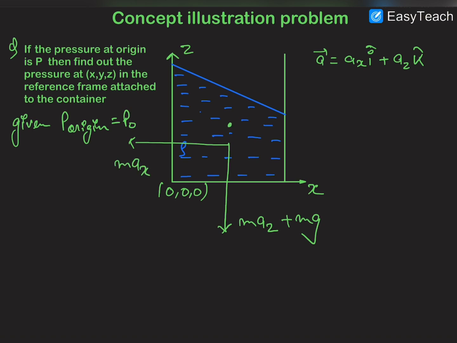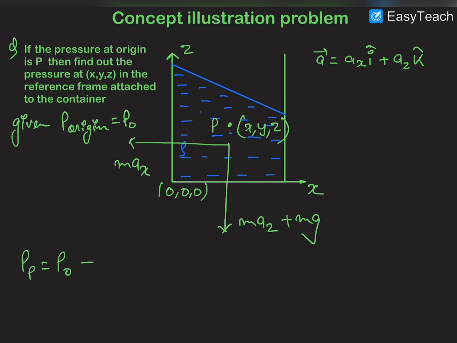So if there is a point, let's suppose P is a point which is having coordinates of x comma y comma z, then we can say that the pressure at P will be equal to P naught, which is the pressure at origin. And now when we are moving from origin to P, then we are moving in the opposite direction of both pseudo forces. So the pressure will decrease.